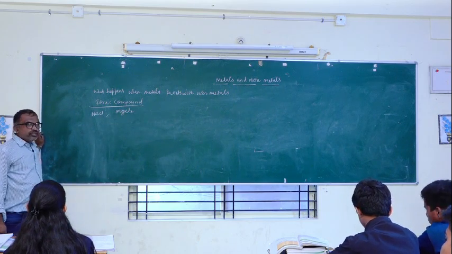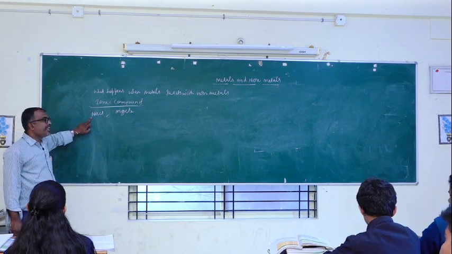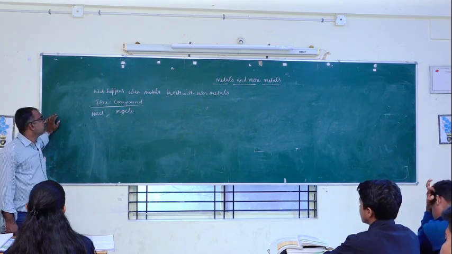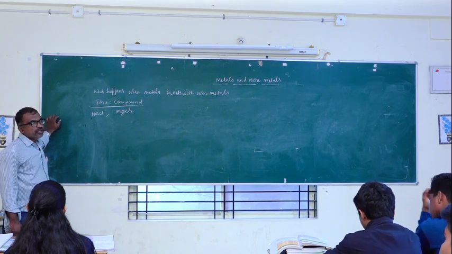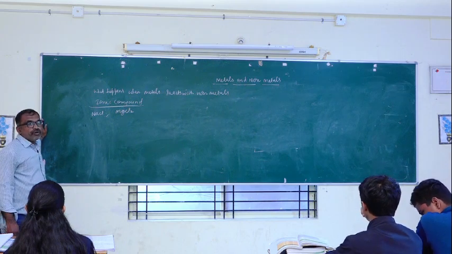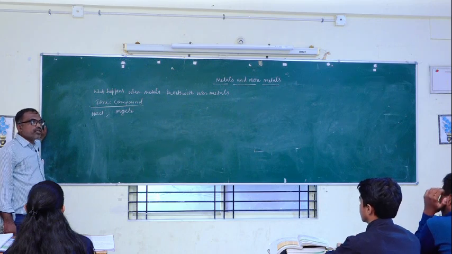In your book they have given these two examples. So let us recall what an ionic compound is: transfer of electrons from metal to non-metal.